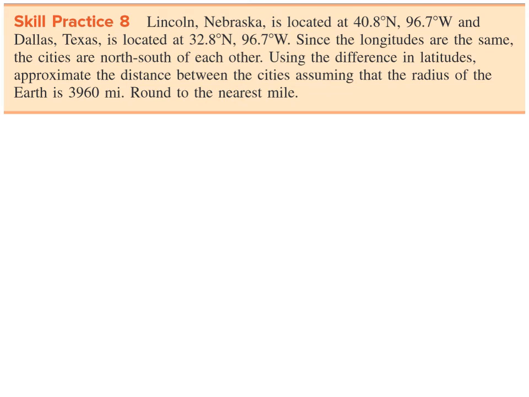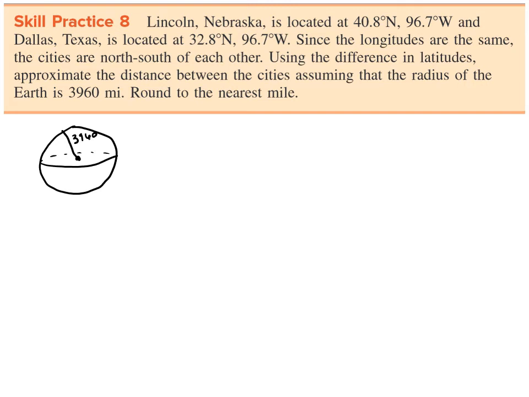I kind of liked this example simply because Lincoln, Nebraska is involved. So take a moment, pause this, and read through this problem. So basically what's happening is we have the Earth, and we know that the radius of the Earth is 3,960 miles.